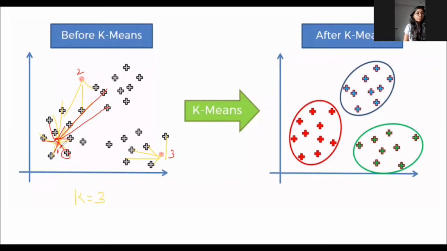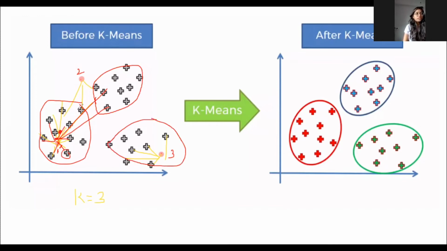This is how it is ultimately going to create a cluster of the minimum distance points and a new centroid value based on the distances. Similarly for cluster 2 and cluster 3.